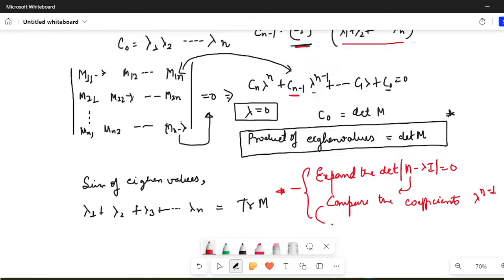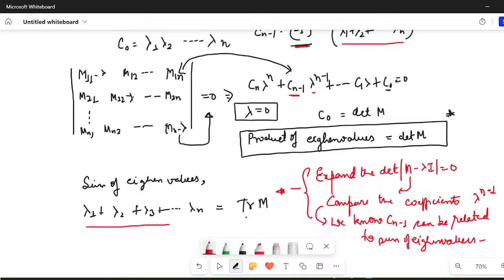And eventually what you'll get is that the sum of eigenvalues is nothing but the trace of the matrix. This is an idea I'm giving you for your proof part.